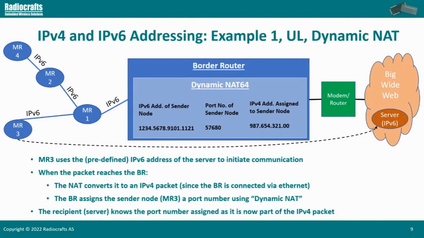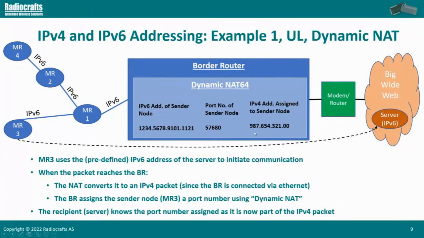So when this packet reaches the server on the right-hand side and on the web, it will receive it not with the IP address of the mesh router, no, but it will actually receive it with the translated IP version 4 address here in the NAT table on the right-hand side, and with this port number.